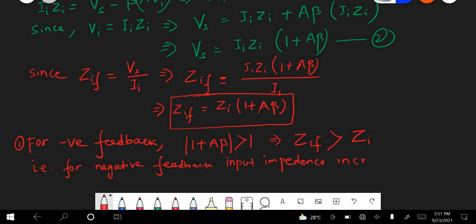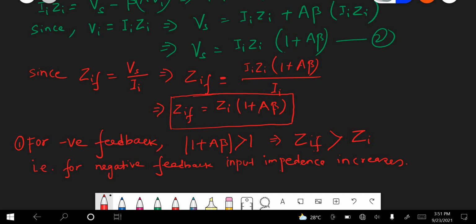Zif is the input impedance with feedback, and Zif is greater than Zi, the input impedance without feedback. So with negative feedback, the input impedance increases.